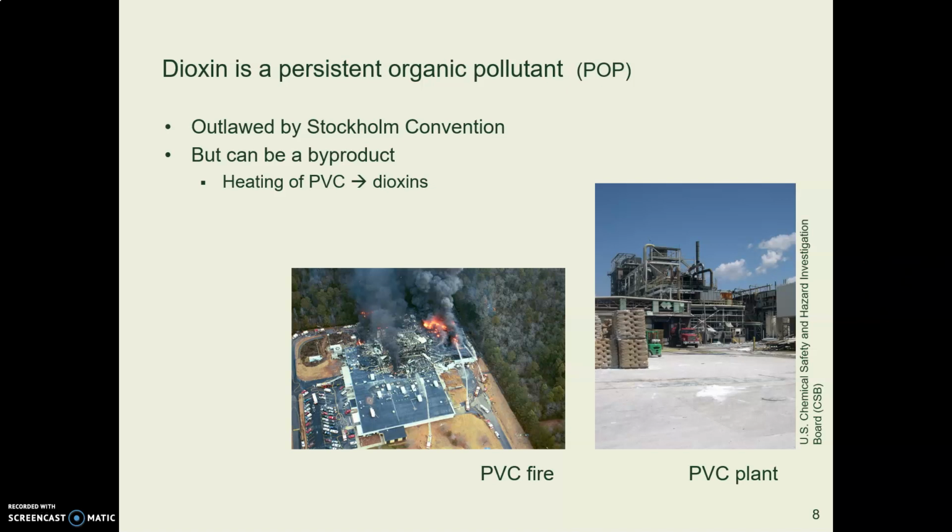If you look at cancer cluster maps from the Centers for Disease Control, look at where PVC plants are in the U.S., and then compare that with where certain kinds of cancer clusters are, and you will see that there's a correspondence. So these things are problematic.